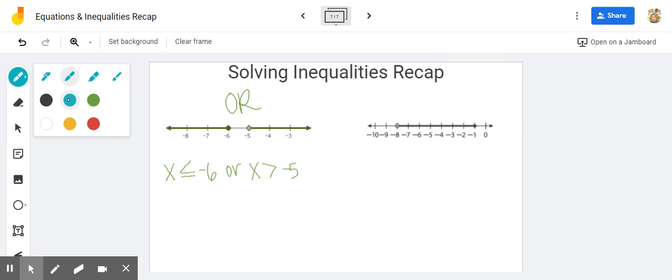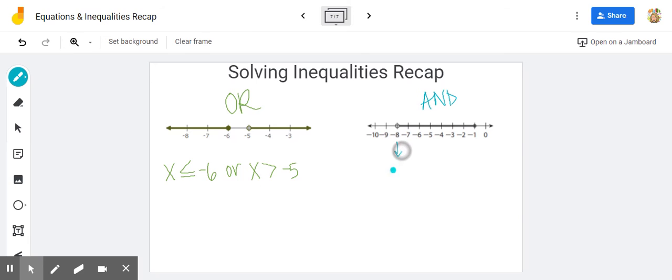And the last but not least type is our and, where you'll see a sandwich in between, a specific start, negative 8, and a specific end, negative 1. Now, negative 1 is closed, so that means we have an underline. And negative 8 is open, which means that we leave it open. So since you're sandwiched in between, we use the same symbol twice.